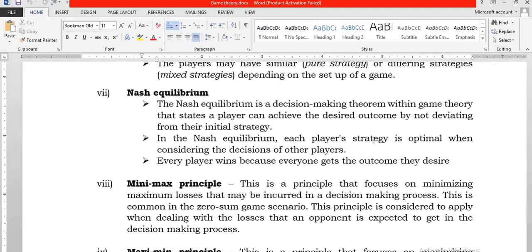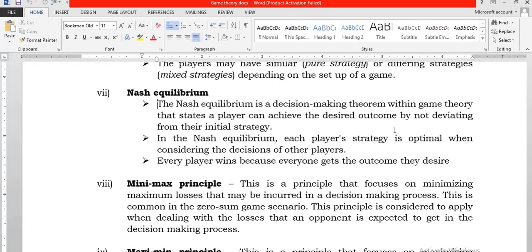So they are aware there are other strategies that may be there, but because these other strategies may not lead to additional value, they don't choose them. These other strategies will not change their current state of economic value. So they will stick to their existing strategies because the existing strategies will provide them with the most sensible economic value in the particular situation they are in. So every player wins because everyone gets the outcome they desire.